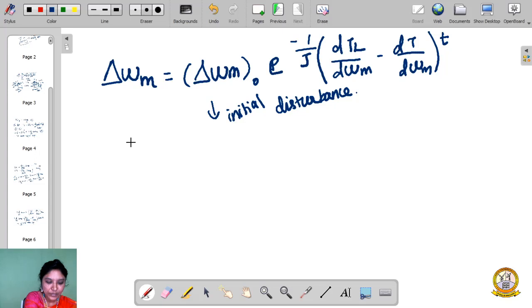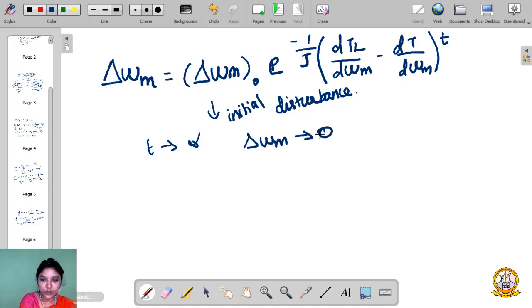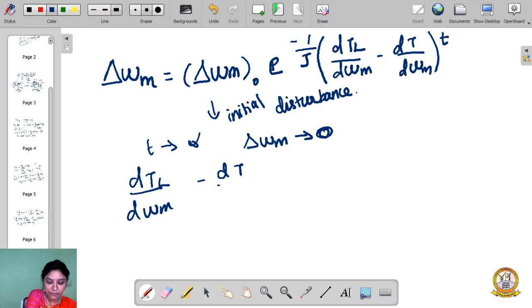So in this equation, if we consider t as infinity, what happens? Delta omega m also goes to 0. So if this is applicable, then what is the case we can derive? It is dTL/d omega m minus dT/d omega m is greater than 0.